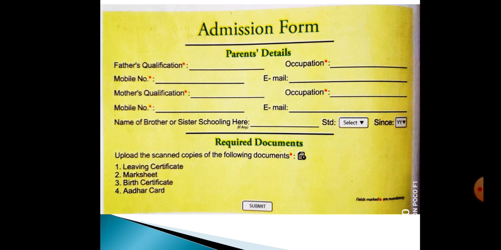Then write your father's email ID. Next, your mother's qualification. Write or fill your mother's qualification here. Also, mother's occupation, mother's mobile number, and name of brother or sister's schooling here.